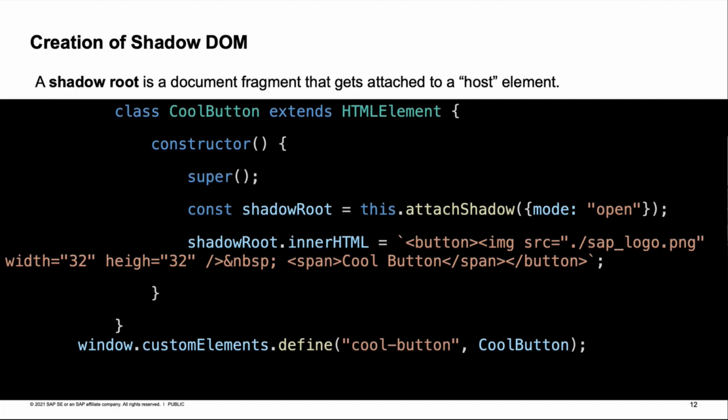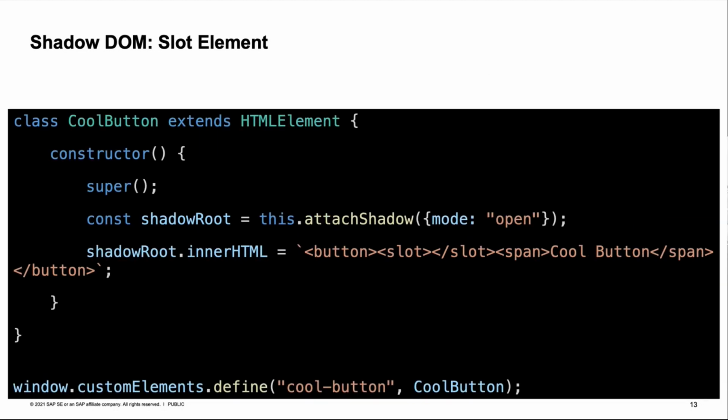For this case, they need some way of adding their own markup inside of the template that we have currently used. Actually, web components provide a way to do so. This is called the slot element. The slot element, as you can see here, is added right now in the place of the image tag.